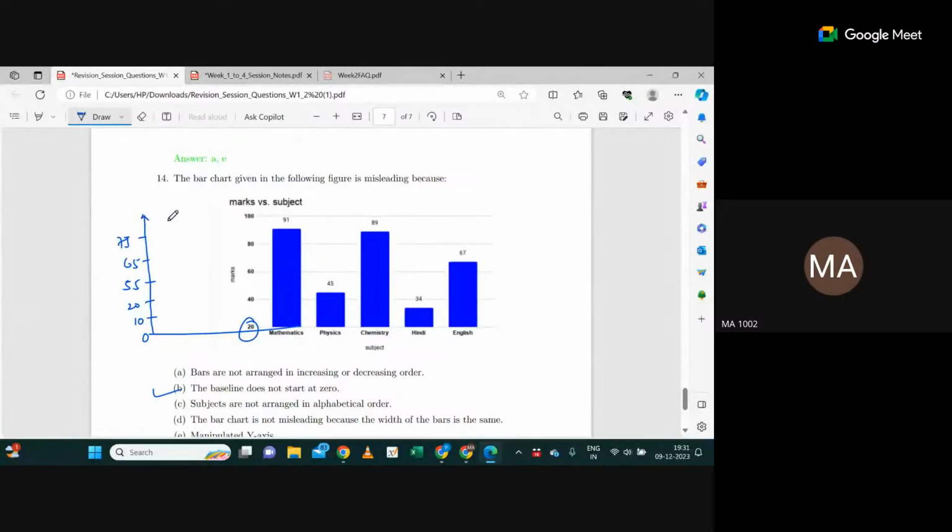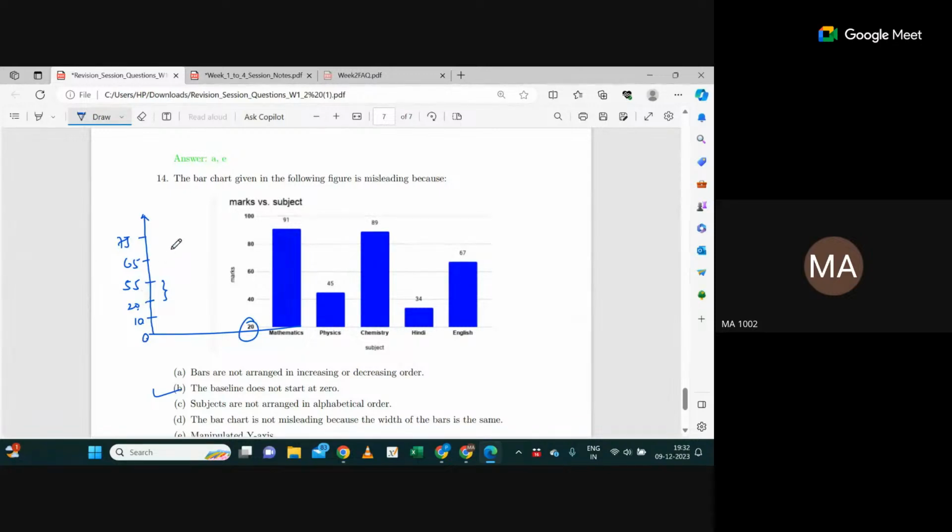Can you tell me, is this manipulated? Yes, because there is 0, 10, 20, and suddenly it jumps to 55. Due to some intuition, how to show the bars, I have done this. So basically, this is called manipulation on the y-axis.